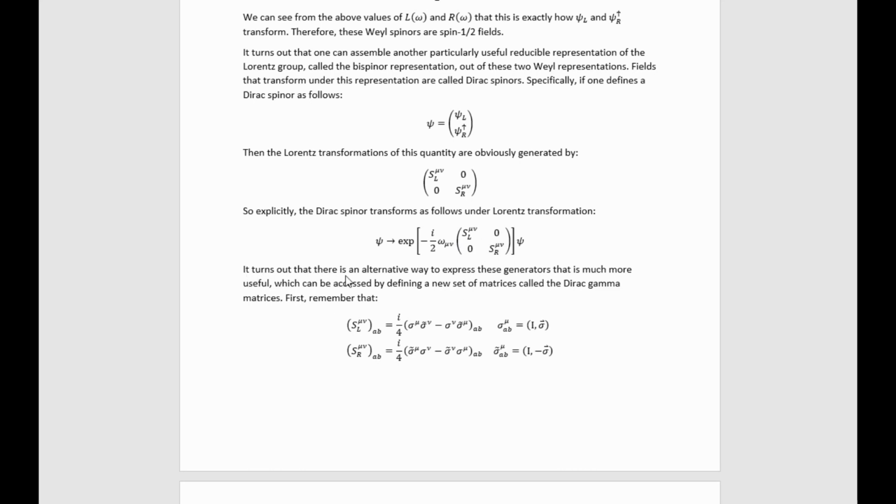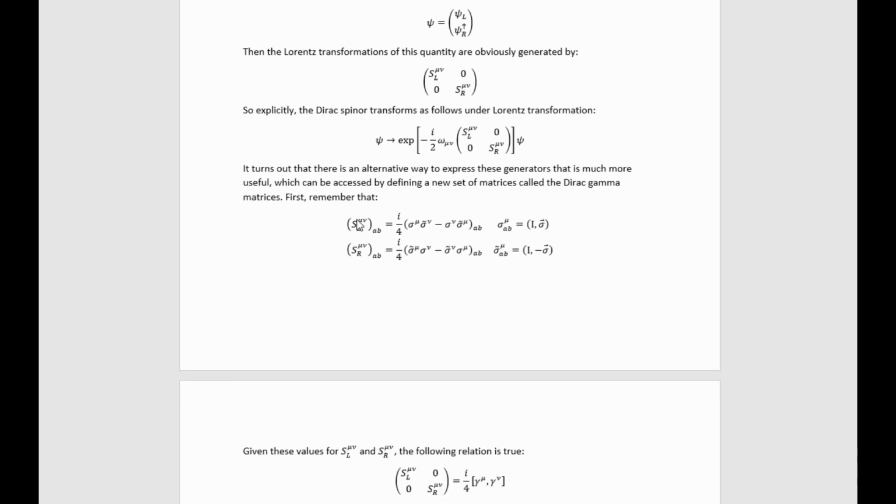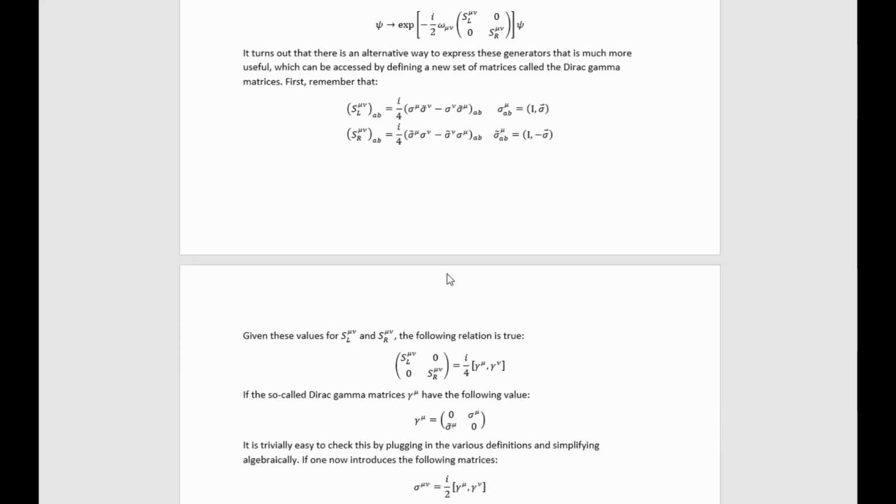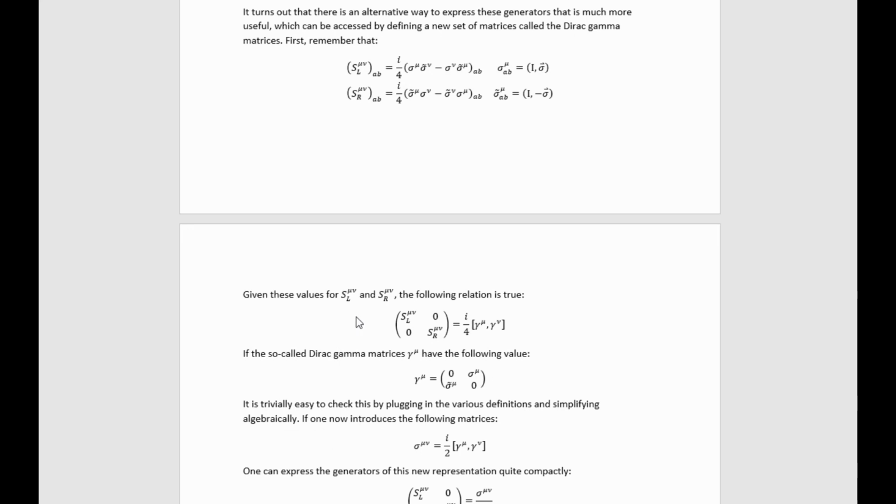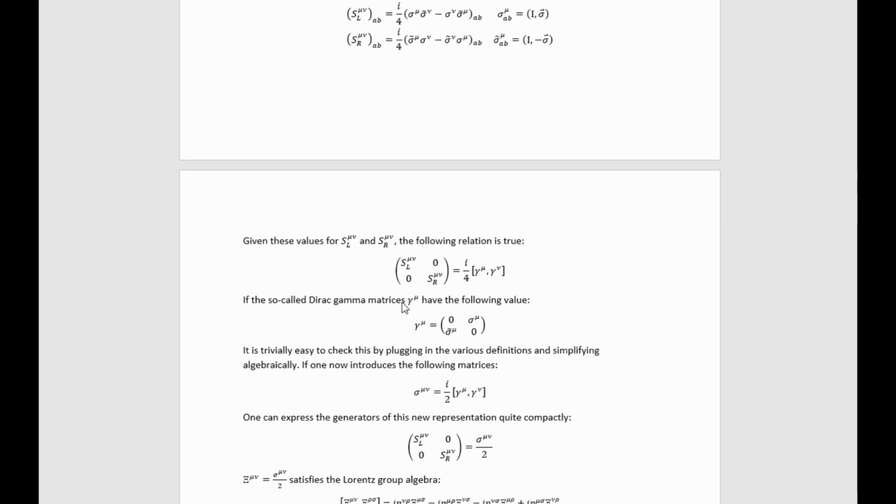It turns out that there is an alternative way to express these generators that is much more useful, which can be accessed by defining a new set of matrices called the Dirac gamma matrices. First, remember the value of the SL and SR tensors. Given these values for the SL and SR tensors, the following relation is true if we take gamma mu to have this particular value.